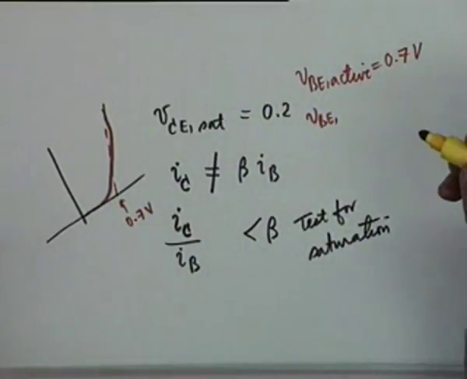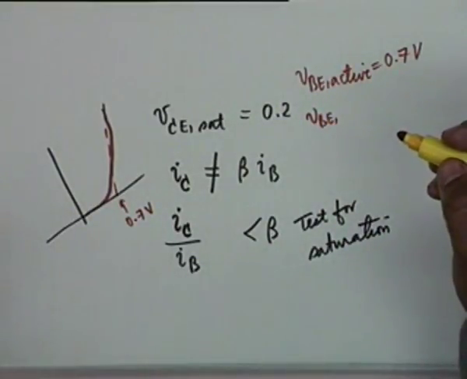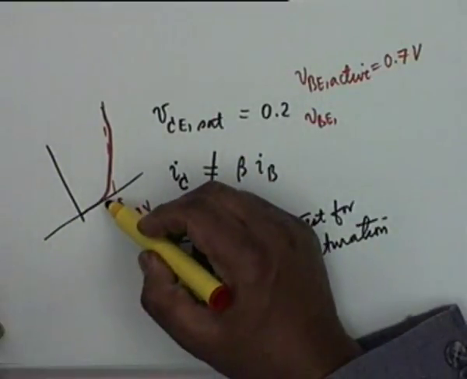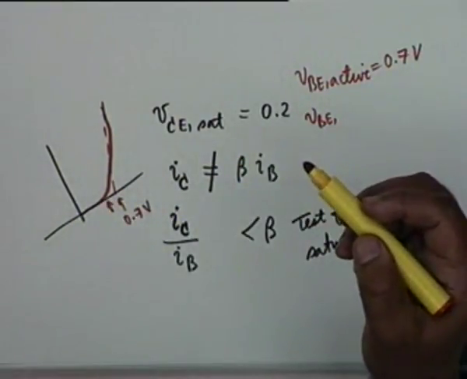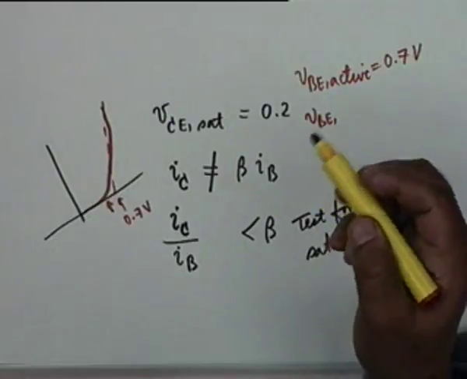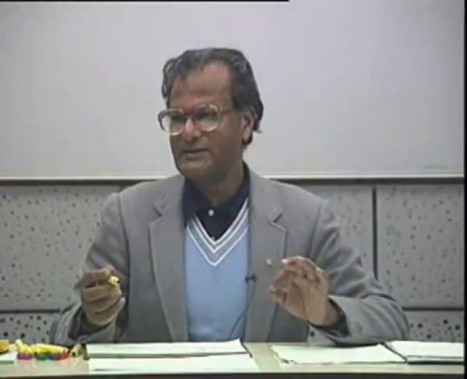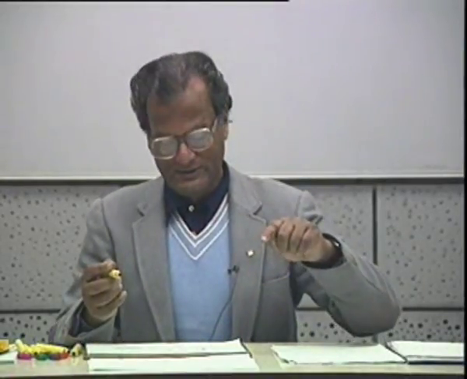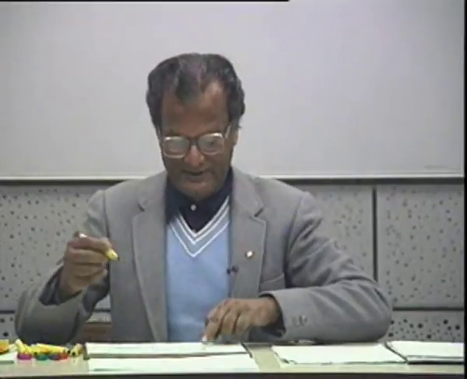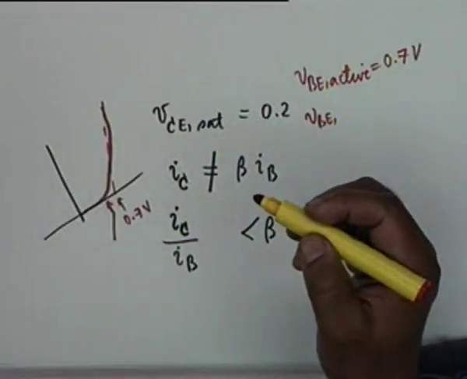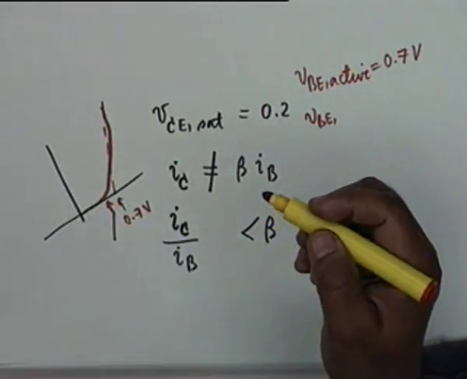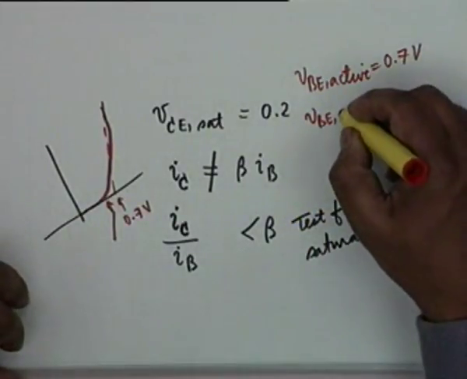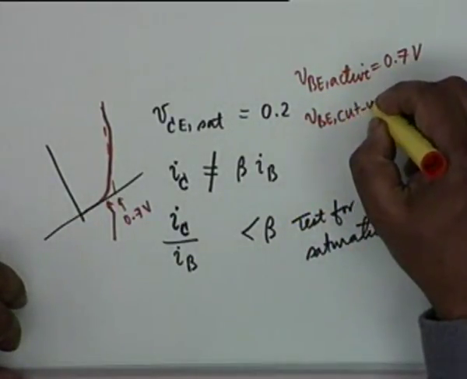Then in describing transistor action, we must also take care of the voltage at which the diode just starts to conduct, because there are circuits in which the regeneration is automatic, digital circuits, logic circuits for example. The voltage at which the emitter base junction just starts to conduct is called the VBE cut in.